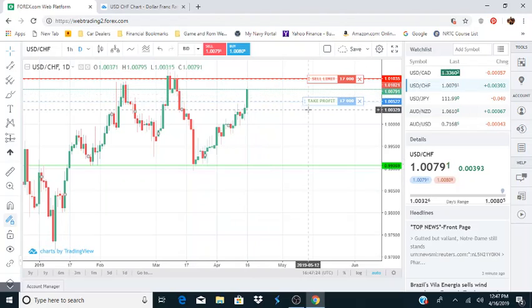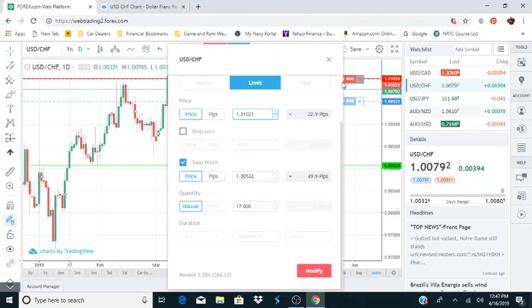So anyway, as I keep moving, I show you that I have a sell limit up at 17,000, and I'm taking it in at 1.01021, which is a sell, and I'm taking my profit at 49.9 pips, or 1.00522. I have a lot of 17,000, like I told you before, and my profit is going to be $84.17.